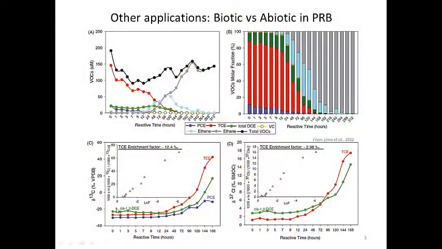Let's focus only on TCE and cis-DCE. Around 9-12 hours of reaction, exactly when the TCE starts really degrading, so the concentration and the molar fraction go really down, we see that the carbon stable isotopic composition of the TCE gets more enriched relative to the isotopic signature of the cis-1,2-DCE.